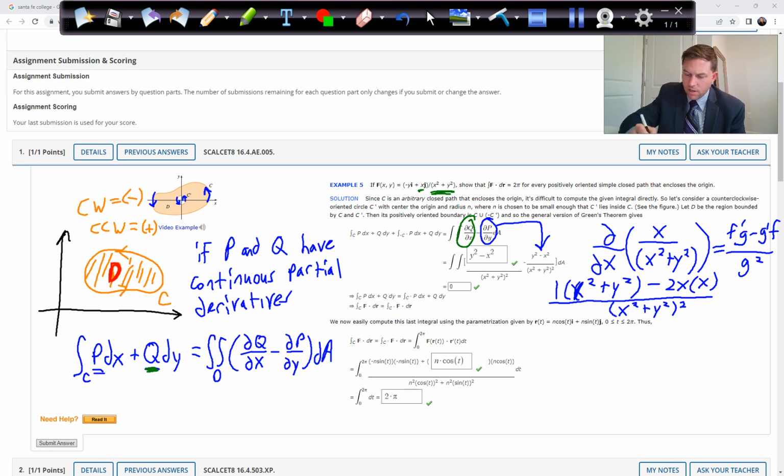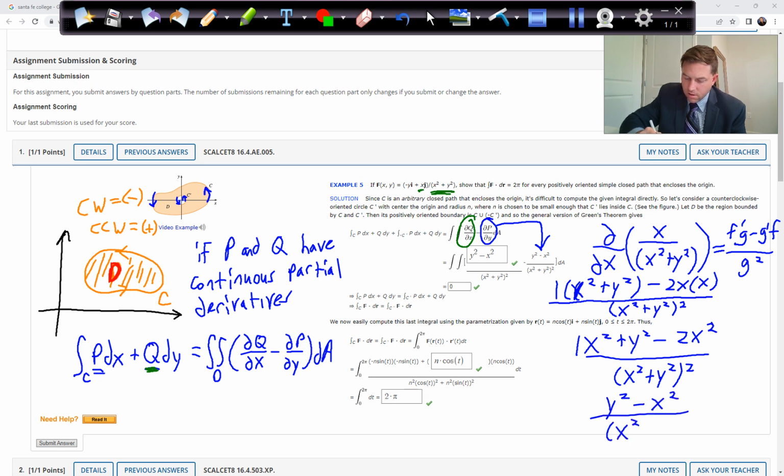Okay, so this is going to be 1 times x squared plus y squared minus 2x squared on top, all over x squared plus y squared, squared on the bottom. And in this numerator, we can subtract 2x squared from 1x squared, and we'll get y squared minus x squared all over x squared plus y squared, squared.